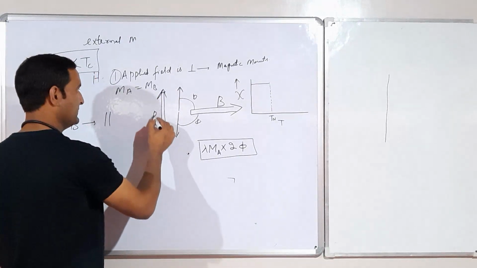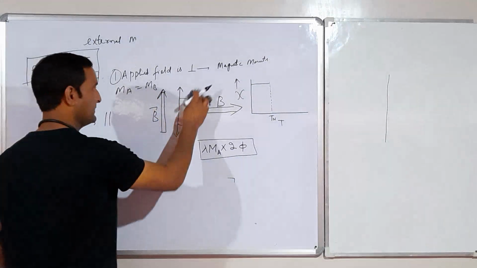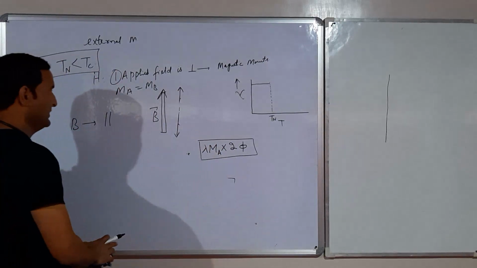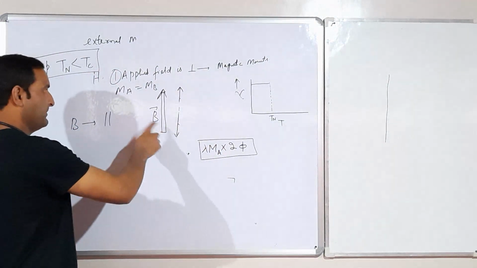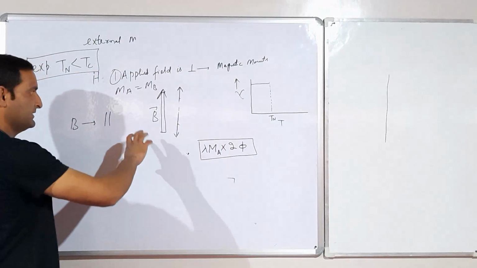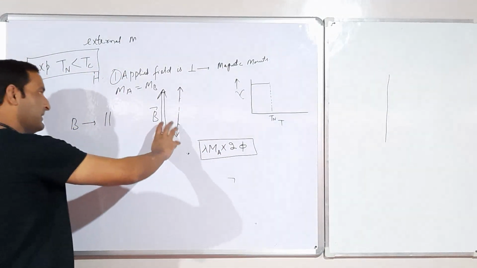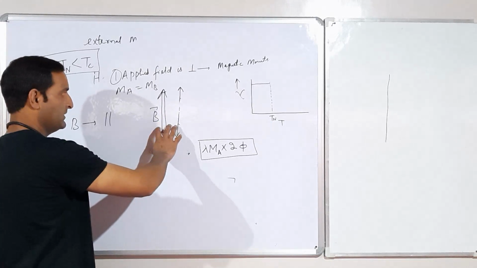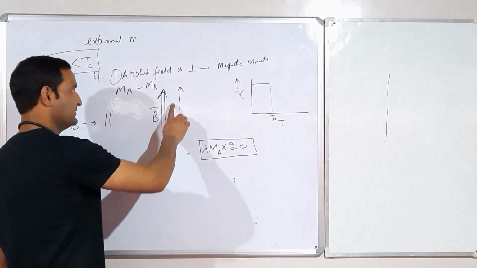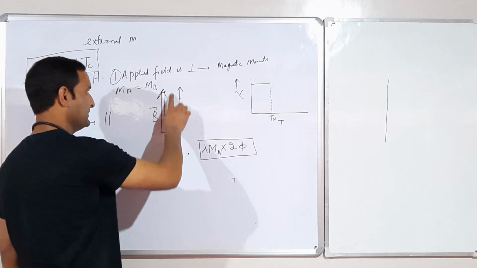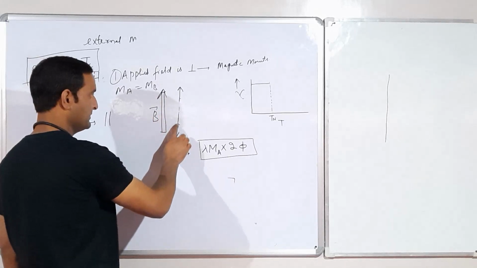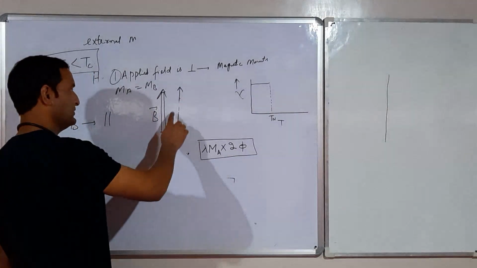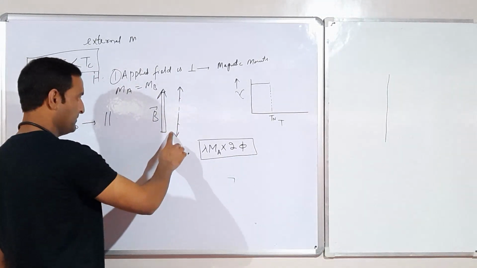This is B. In this case, before applying the magnetic field, the magnetic moment is in this direction, and the magnetic moment due to another lattice will be in the opposite direction.